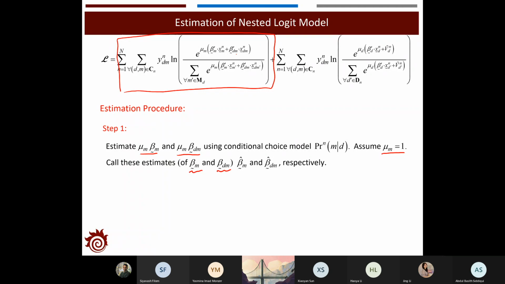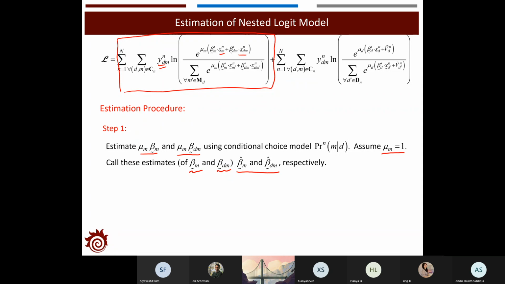As in this equation, all the variables, the xm, xdm, they will be available for us to observe. We also can find out the value of the ydm. That will be the choice of each individual. So we will be able to find out the value of beta m and beta dm as beta m hat and beta dm hat.